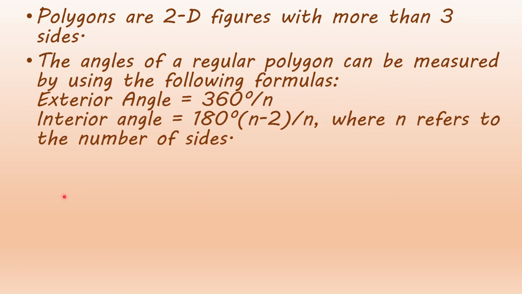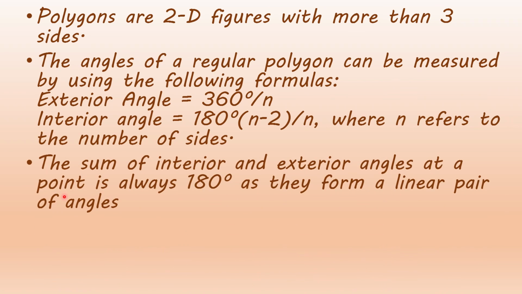Okay, now let's see the next one. The sum of the interior and the exterior angle at a point is always 180, as they form a linear pair of angles. What does this mean? Suppose this is an interior angle.